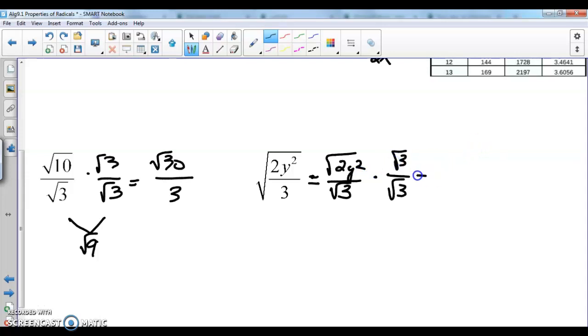These both have radical expressions, so you can multiply them. You get 6y squared over, what's radical 3 times radical 3? We got here radical 9, so the bottom will be 3. Again, a regular number and a radical can't be simplified anymore. So those are more examples of simplifying by rationalizing the denominator.